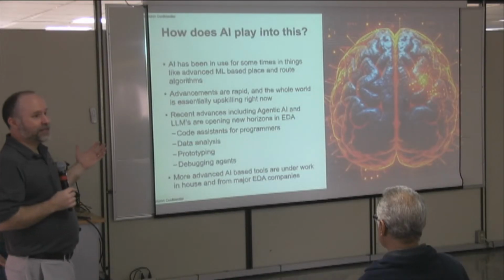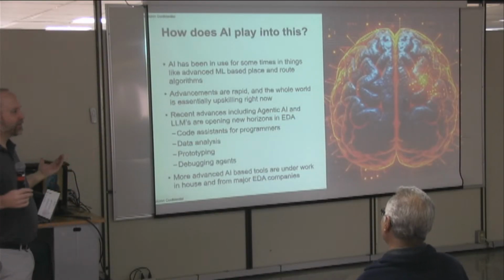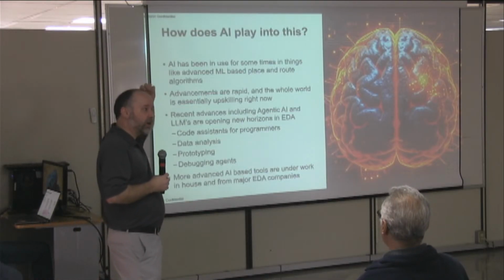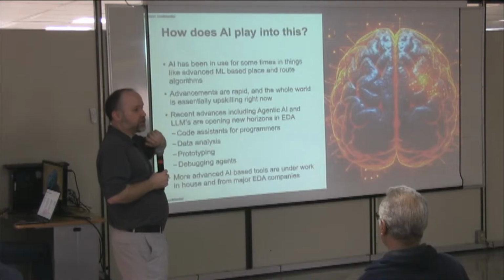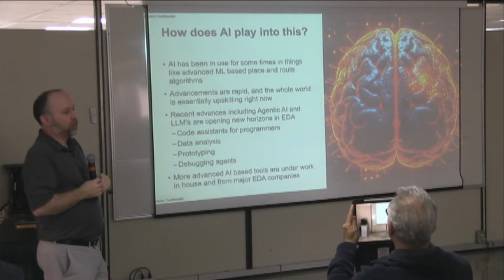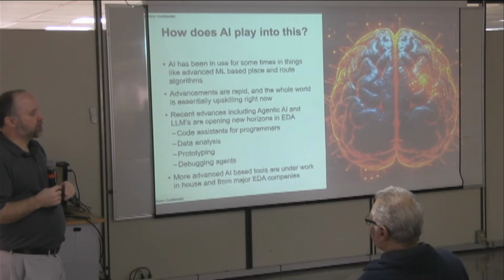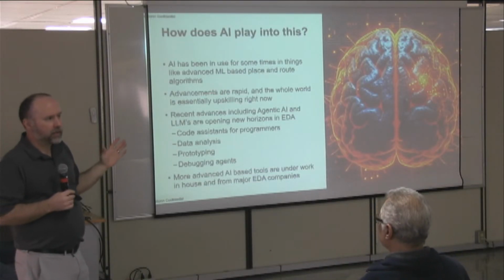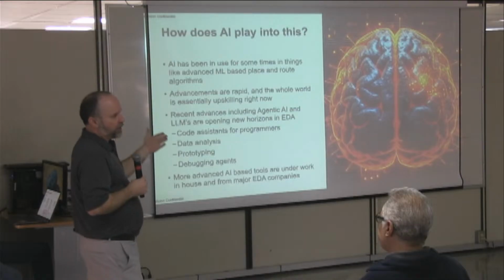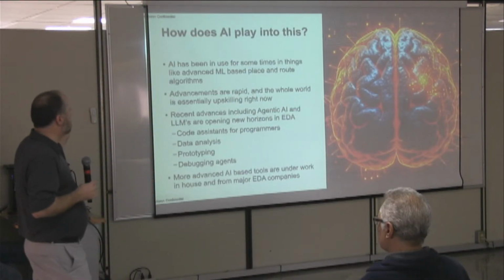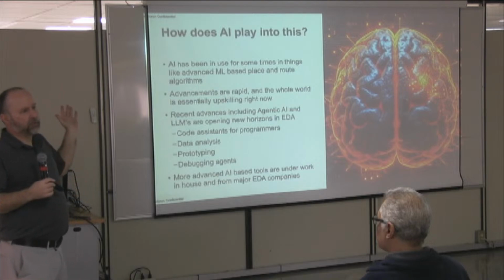And then the big question is, how does AI play into this? And AI has actually been in place for a long time in EDA. Pretty much every placement and routing tool from every big vendor is using a machine learning algorithm already. But we're seeing that accelerate at an incredibly rapid pace. And it's worth noting that the advancements are incredibly rapid right now.